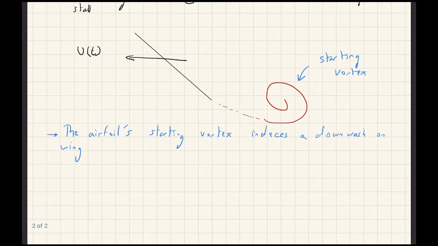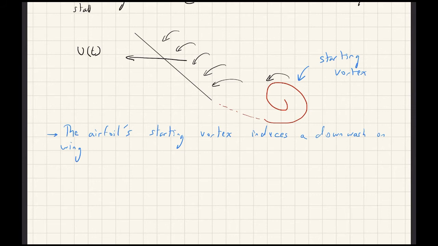So basically, if you had this wing suddenly starting to translate without the development of a starting vortex and no wake, you would just have thin airfoil theory. But the fact is, you do have a starting vortex and a wake, and due to the nature of this rotation, it induces a bunch of downwash on the wing.